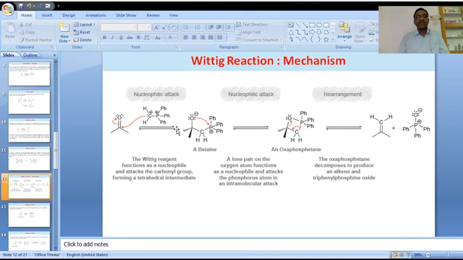A betaine is formed from this first step. It is a tetrahedral intermediate. A lone pair on the oxygen atom functions as a nucleophile here.